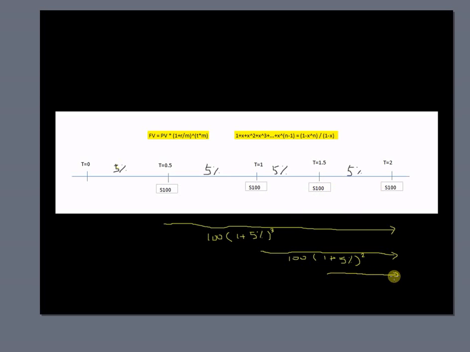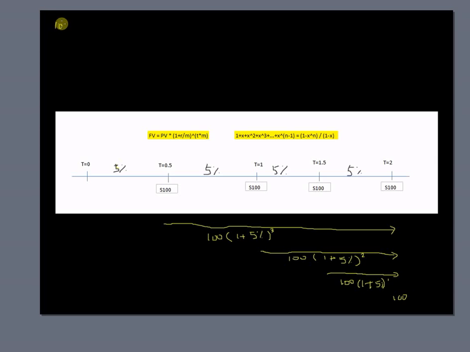This will be $100 into 1 plus 5%. And how many periods are there? 1 period. And lastly is $100 here. So that's it. It's basically just the sum of these 4 values, and you get the future value, the amount that you expect to receive at the end of year 2. Okay, let me write down the summation of these 4 values, starting from the last value.